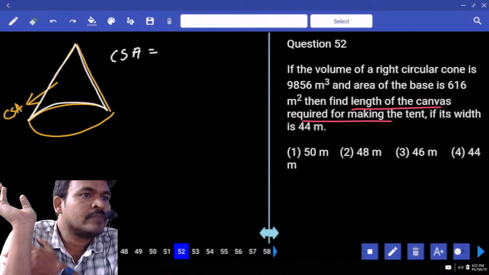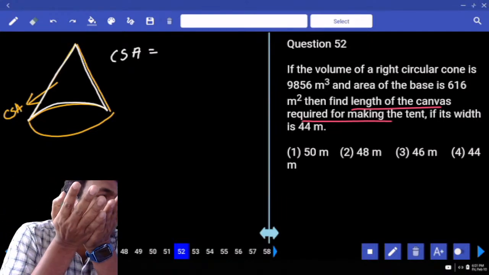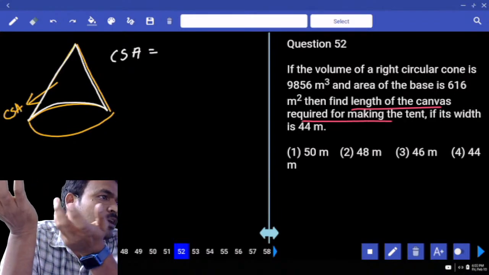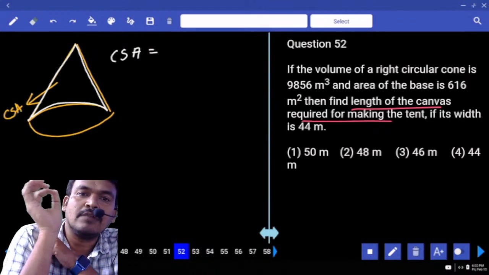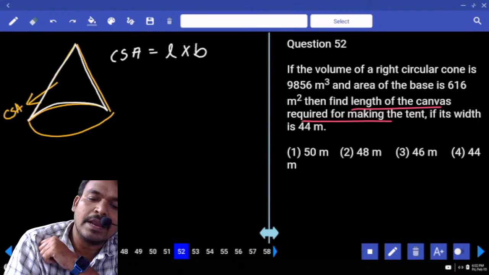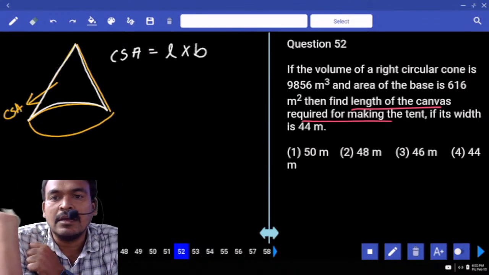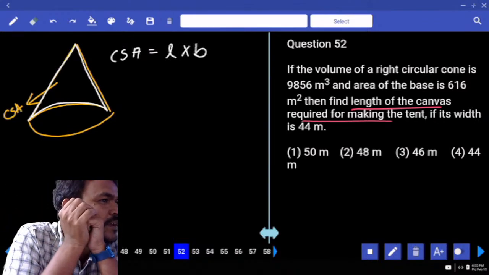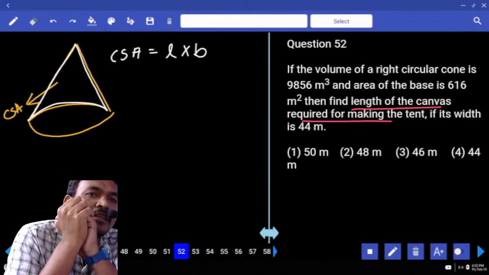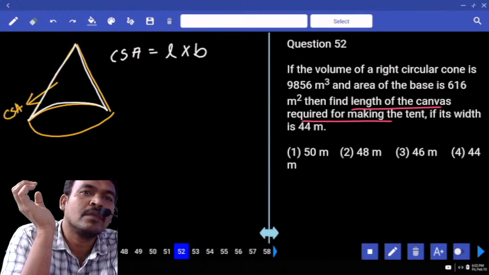Suppose the curved surface area is 40 meter square, then the cloth area is also 40 meter square. Then the curved surface area of a cone is equal to the area of the rectangular cloth. Tent means cloth.